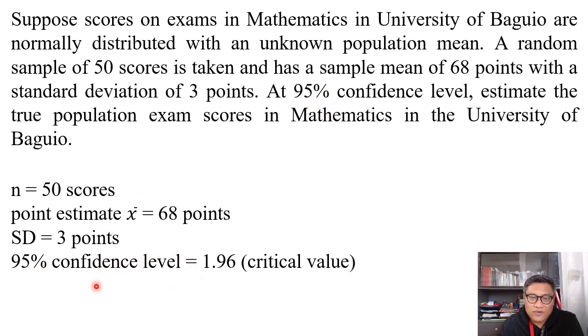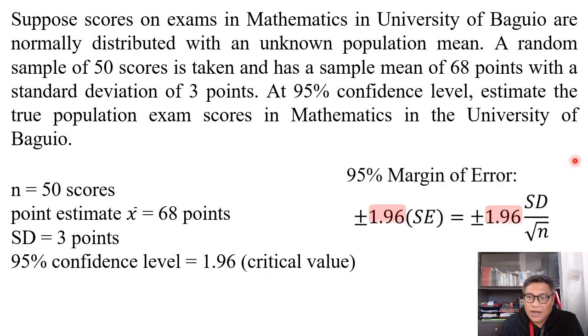So you have to know the critical value that corresponds to 95% confidence. As seen in the table earlier, we have 1.96. That's very important, class, to have a copy of the different critical values with the confidence levels. We use 1.96 as the critical value because we are given 95% confidence.